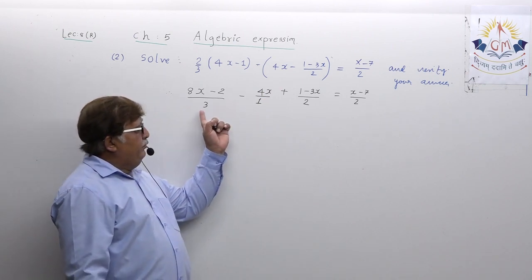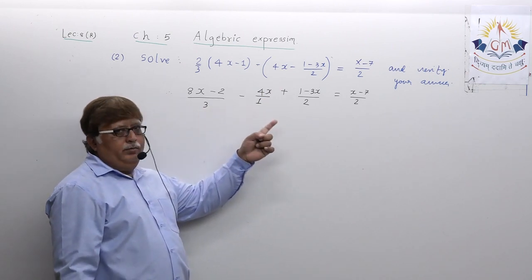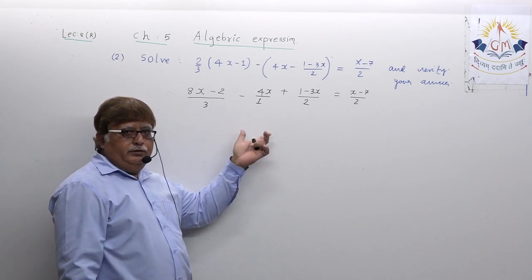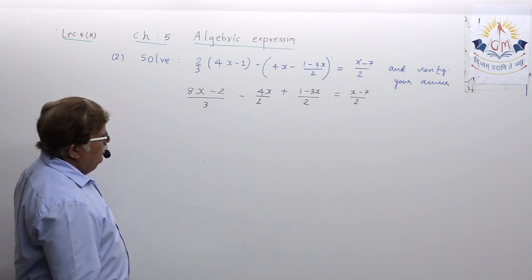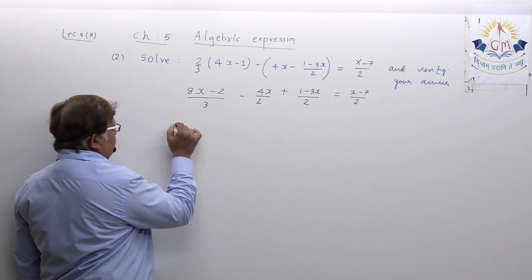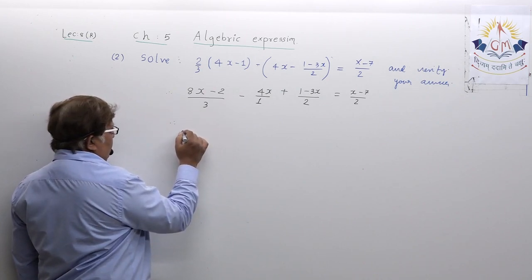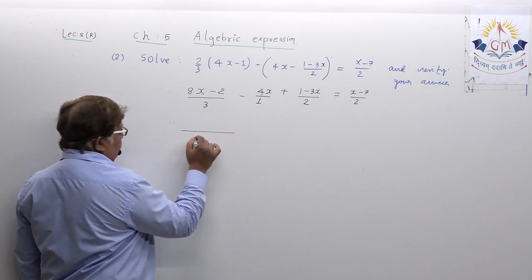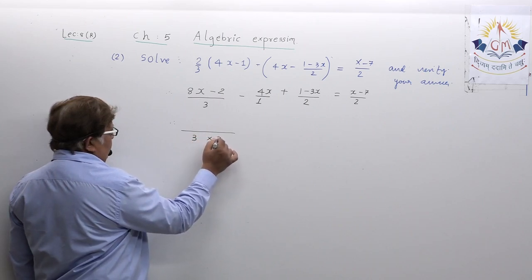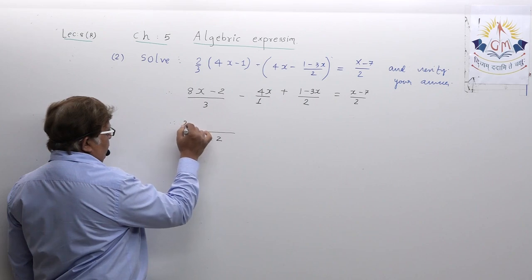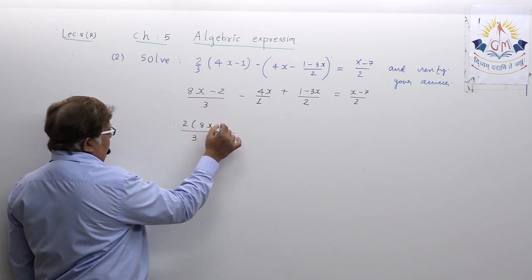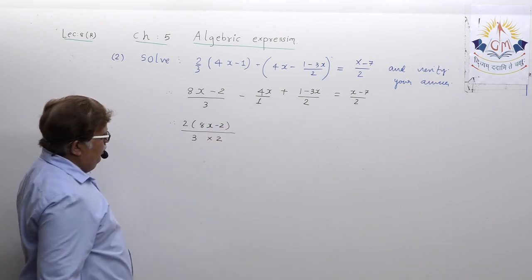And now let us take the LCM of all denominators 3, 2, 1: 6 is the LCM. No need to write it, just carry the steps. Okay, here 3 2s are 6, so 2 has to be written preceding this linear polynomial.